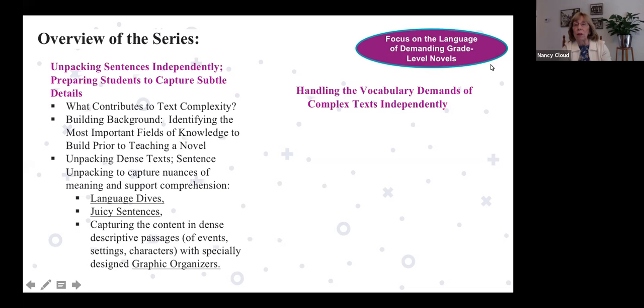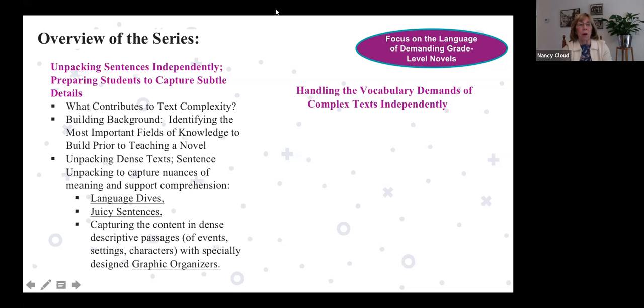We've been focusing on the language of demanding grade level novels, and we know that expanding kids are still challenged by grade level novels, especially when they're very dense. We want to make sure that they have strategies so that when they're by themselves with difficult text, they can unpack very complex text.